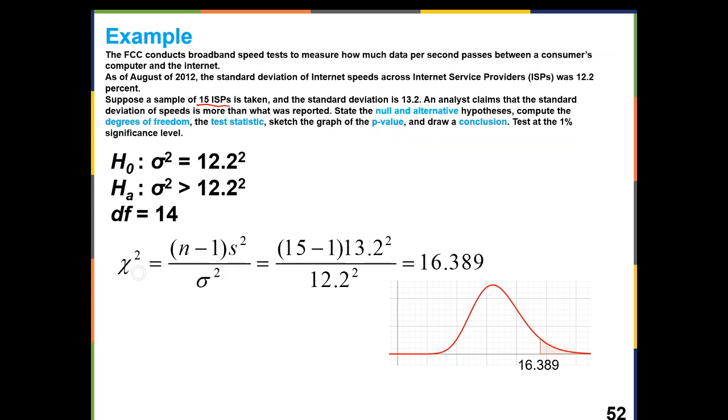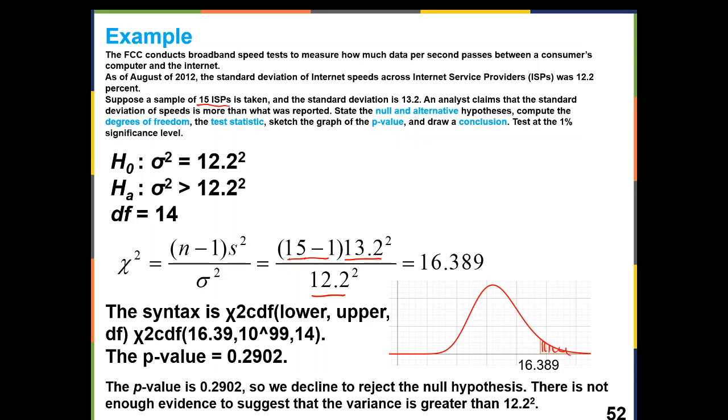So chi-square would be 15 minus 1, and then this number has to be 13.2 squared, because it's supposed to be S squared, divided by sigma squared. And our number is 16.389. So we put it there. It's a right tail test, and we find that p-value. And it's easy to find the p-value, it's chi-square CDF.